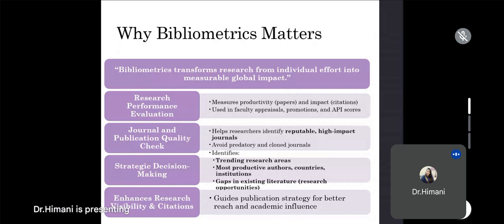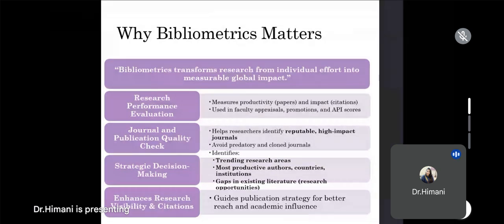You can do this research in India from some city point of view, some state point of view, or some specific sector point of view. So first is research performance evaluation. It provides you the productivity of the papers, the impact of the keywords, and how many universities are conducting the particular research.